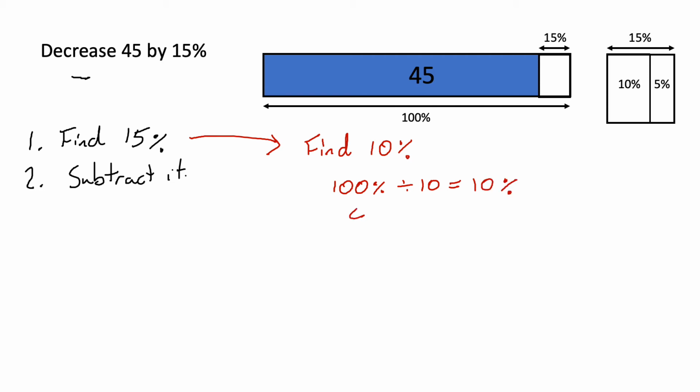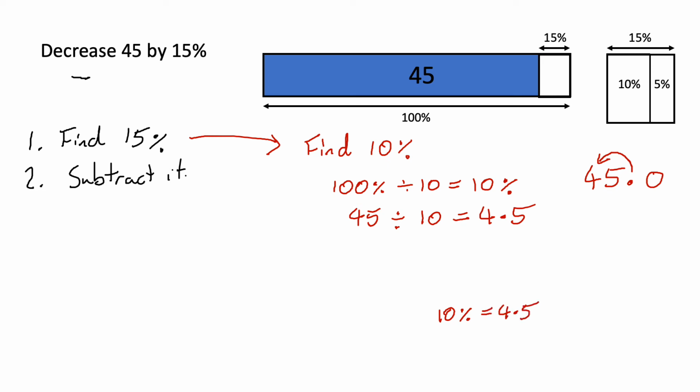So 45 divided by 10. Remembering my little thing that I've just shown you, 45.0, let's just move that 1 along. That's going to give us 4.5. Okay, so 10% is 4.5.